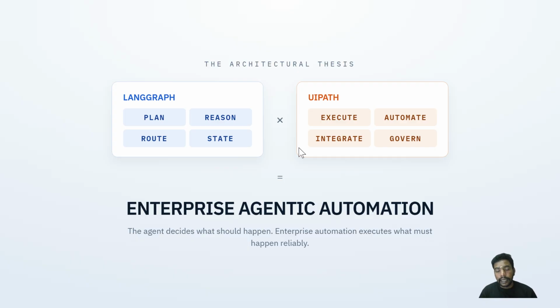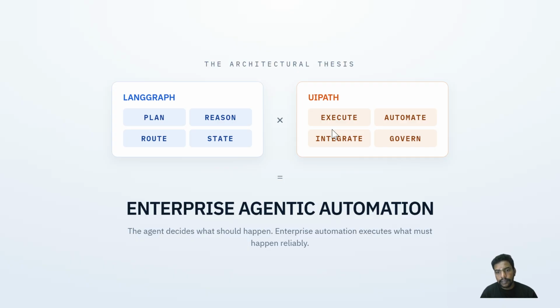The agent decides what should happen. Enterprise automation executes what must happen reliably. So that is not a slogan. It is a division of responsibility with real consequences. It means the model is allowed to be probabilistic while the action stays deterministic.